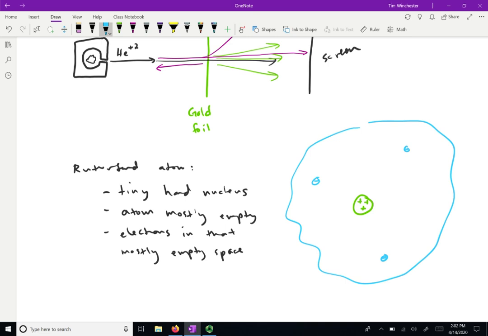Most of the alpha particles, most of the helium nuclei, are able to pass straight through the empty space, totally undeflected. Some will pass so close to the nucleus that they experience a large electric force and get deflected a lot. A few will hit directly and bounce more or less straight back the way they came. This was the prevailing model of atoms for the next dozen or so years before the Bohr model came along.